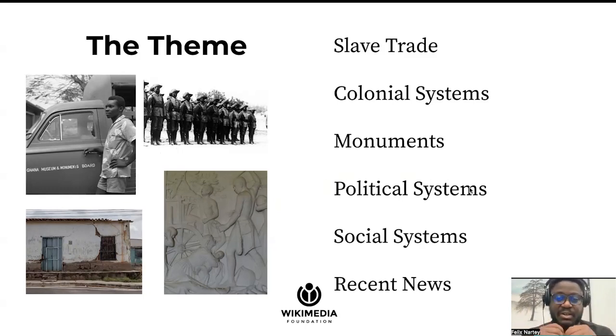Political systems in your country, social systems in your country, and recent news. This last point is very important to me because a lot of the changes in the recent news about Africa is about coup d'etats, it's about Africans taking back their narrative, it's about changing what the status quo has been. And I will use my own country as an example, Ghana. Ghana just started a reform around our gold policy, and these were policies that existed before we took on independence.